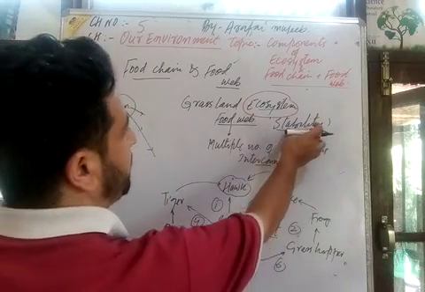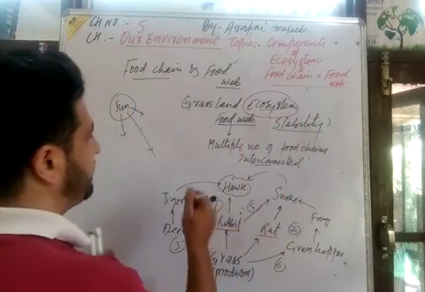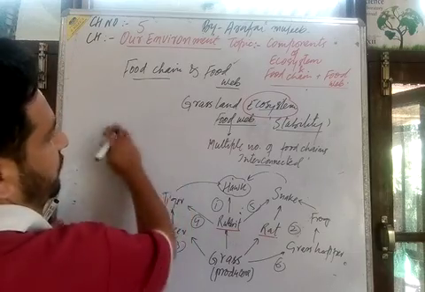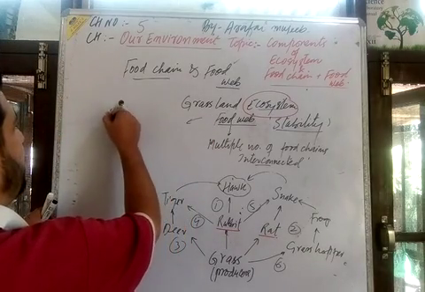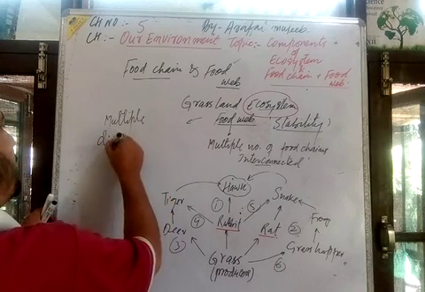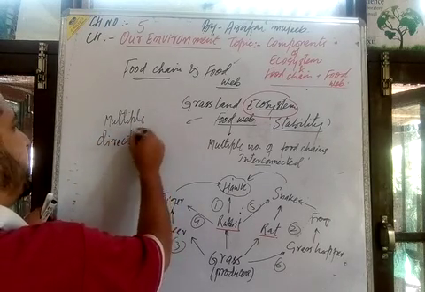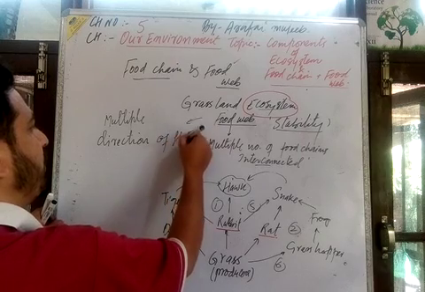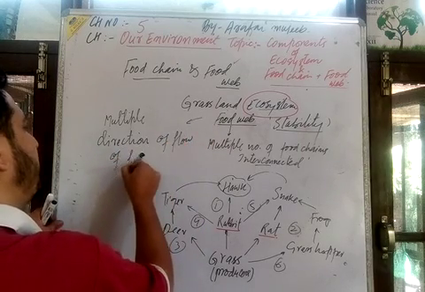So here there is stability. There is a multiple direction of flow of food energies.